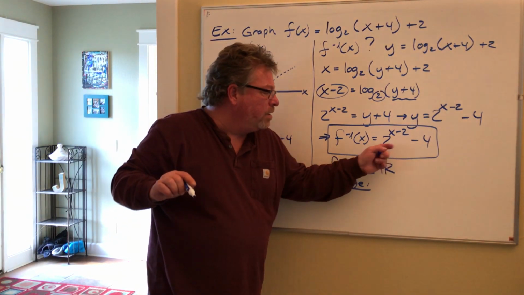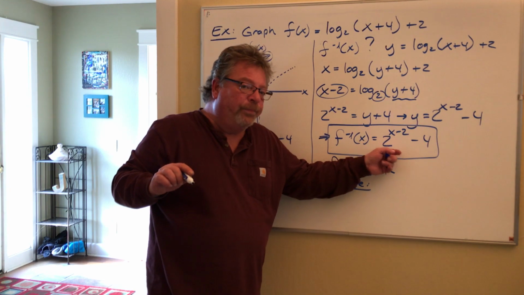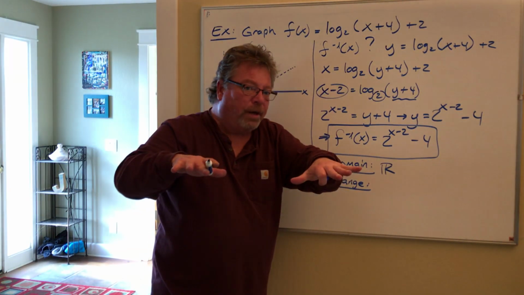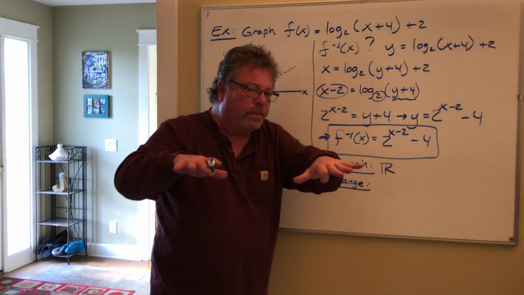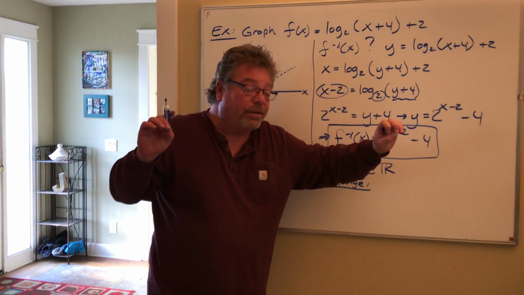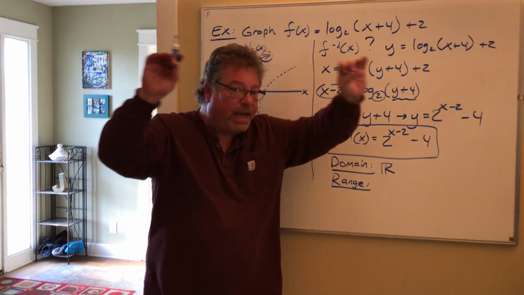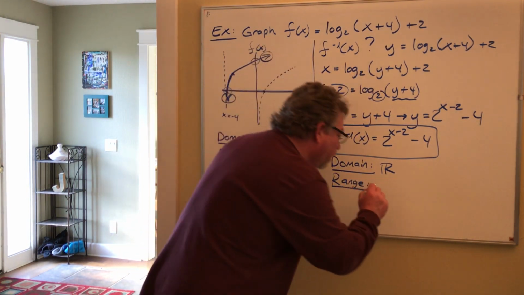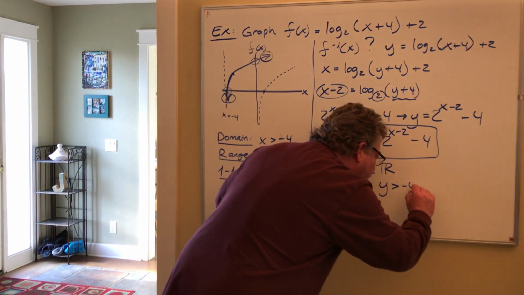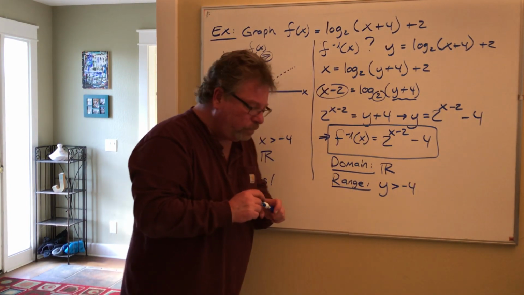When I take this 2 to the x graph and subtract 4 from it, that drops it 4 units. And so that horizontal asymptote is now at y equals negative 4 instead of the x-axis. So I'm looking at values of y that are strictly greater than negative 4.